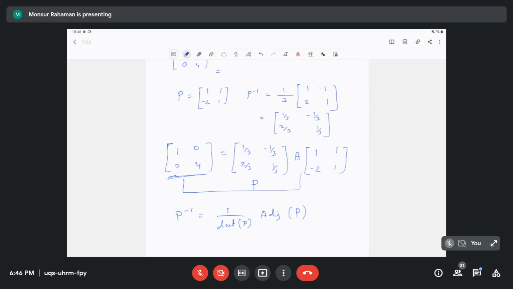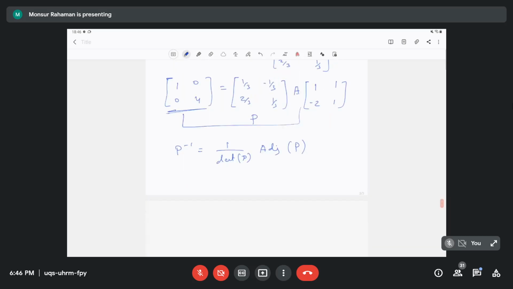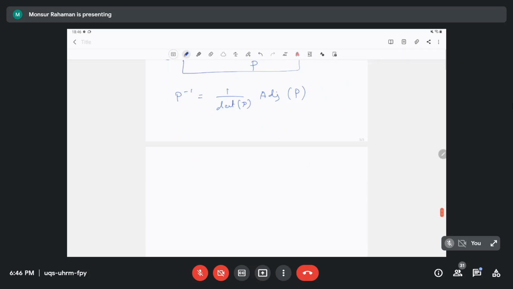So you have to worry about the eigenvectors, not eigenvalues. Because you will always find n eigenvalues if all are real. But if all the eigenvalues are different, like here lambda 1 is 1 and lambda 2 is 4, for 1 you will have v1, and for 4 you will have v2.